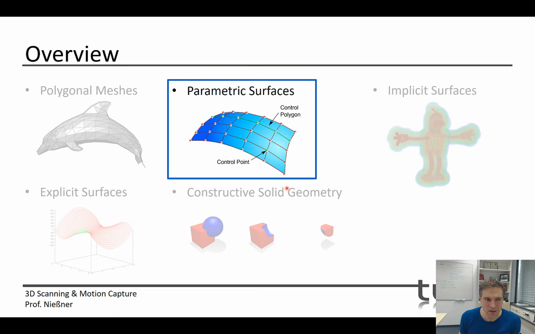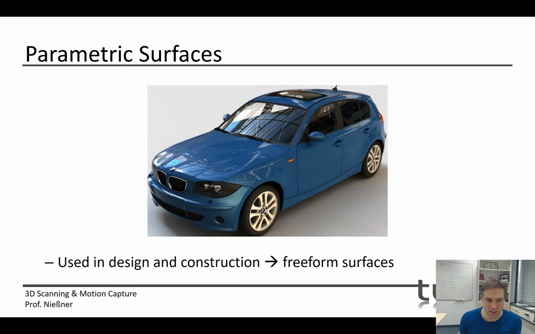Most of the time you have one of the faces here as the linear approximation, the control polygon, and then the surface is typically a curved surface of higher order. Okay, so parametric surfaces are often used in design and construction processes. They are freeform surfaces.